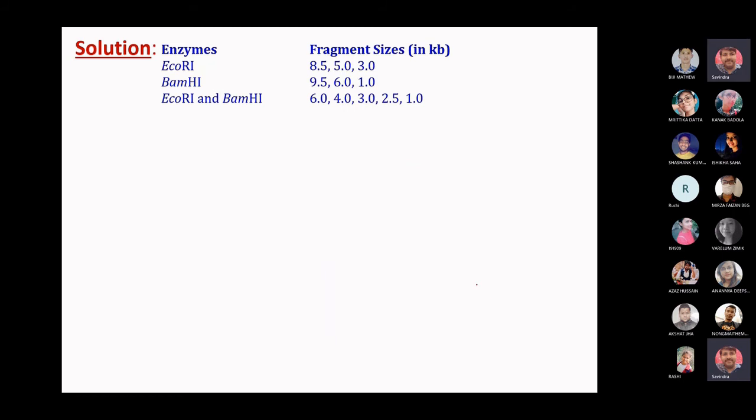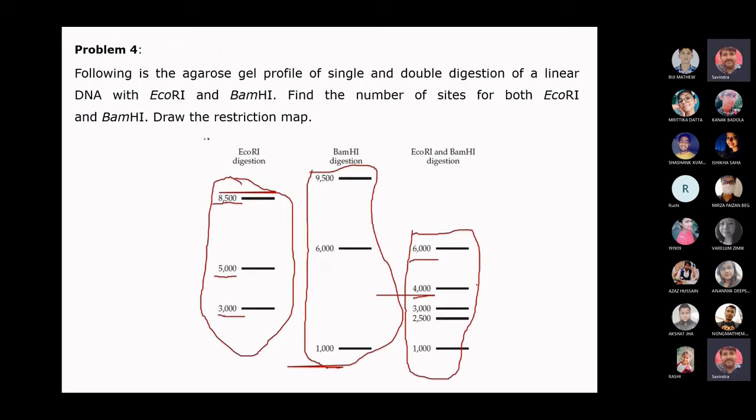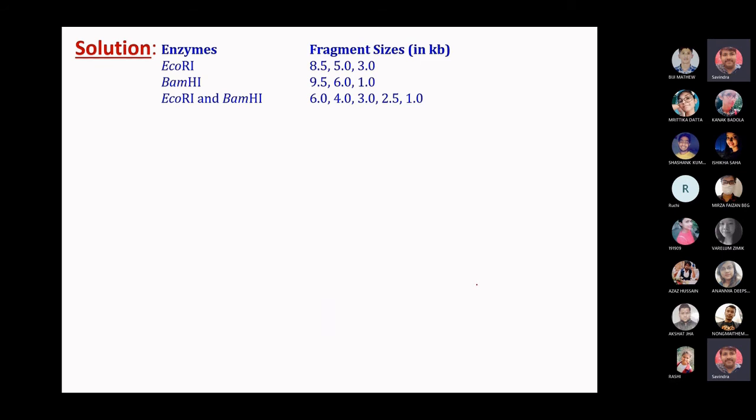Okay, so the same photograph or the same diagrammatic representation of the gel profile after digesting with EcoR1 and BamH1, and the combination of EcoR1 and BamH1, can be rewritten in this form. अगर आपको क्वेश्चन इस फॉर्म में मिले, so can you rewrite it in this form? Yes or no? Yes, sir. And the rest of the thing is same. I am not going to take much time.